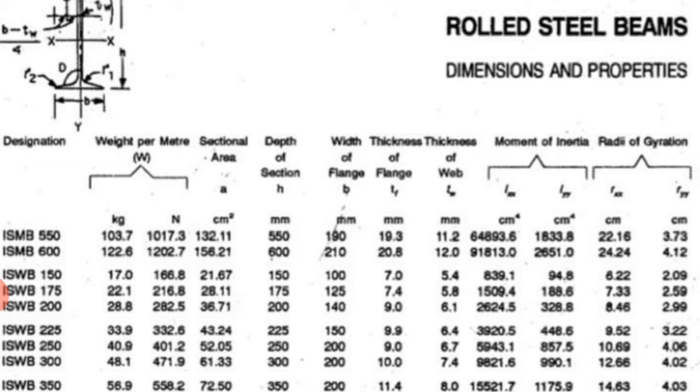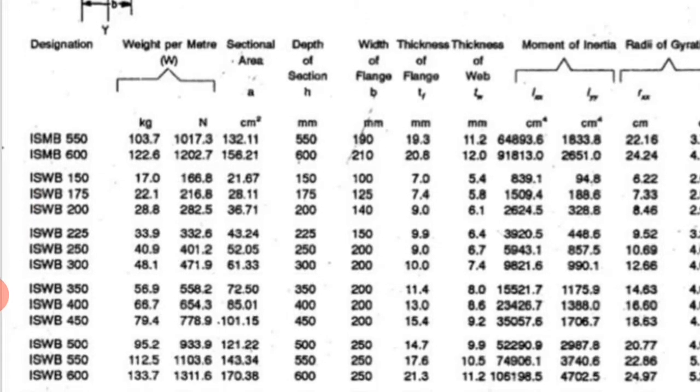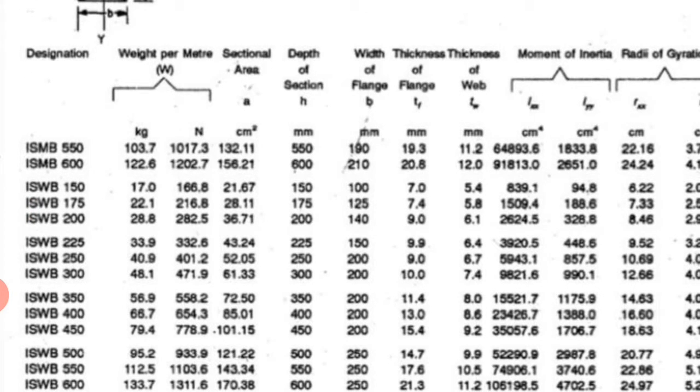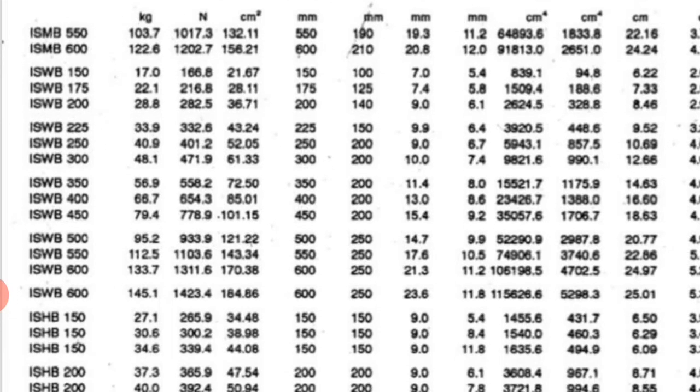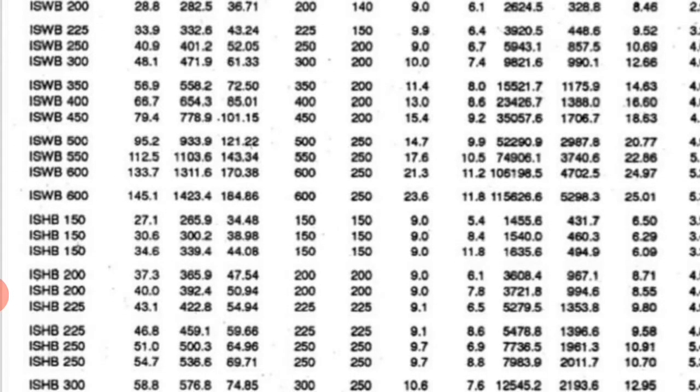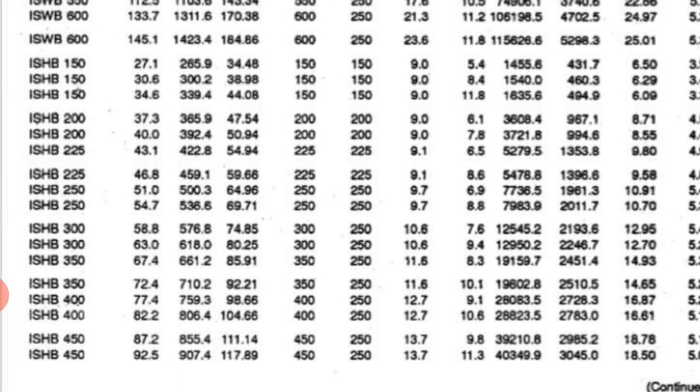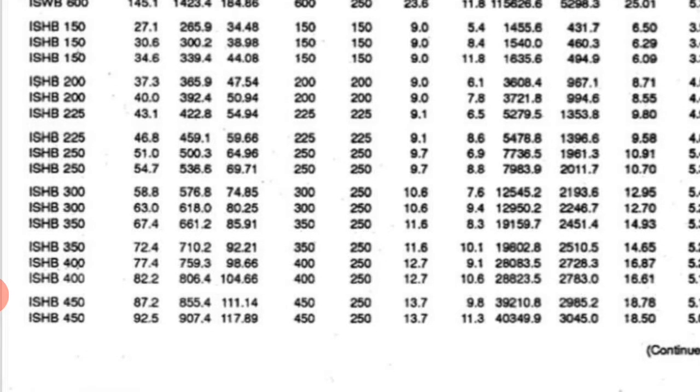We need 4 factors only for the designing of slab base: depth of section H, width of flange, thickness of flange and thickness of web. For the section ISHB 400, here, its self weight is 82.2.